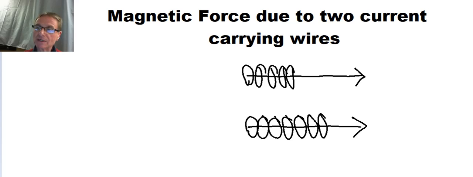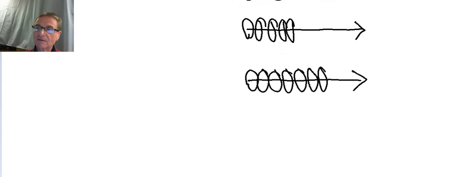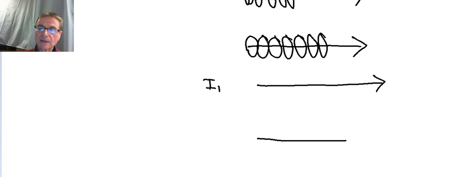So what we want to do is move this down a little bit and redraw my current carrying wires. This I'm going to call wire 1, and I'm going to call this I1, the current going through that wire. And I'm going to call this one I2, for the current going through that wire.